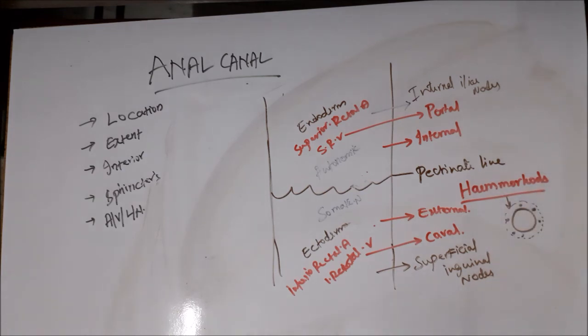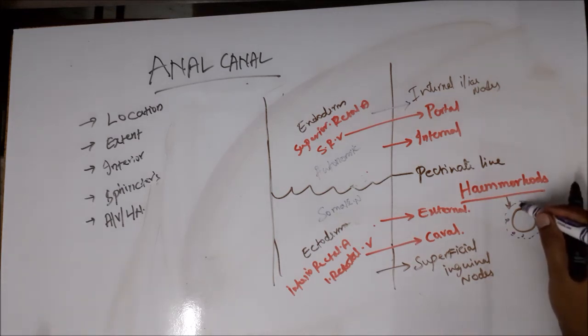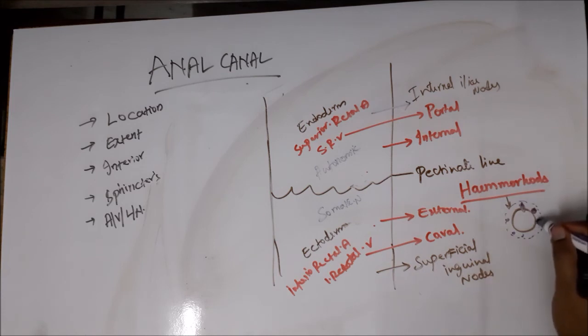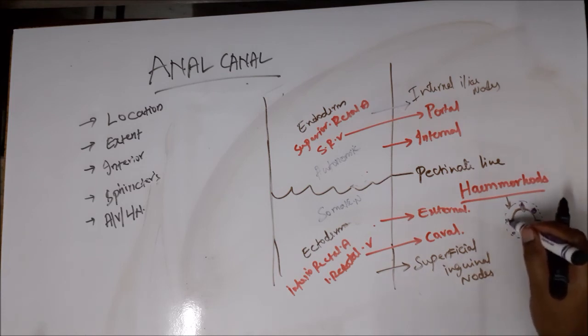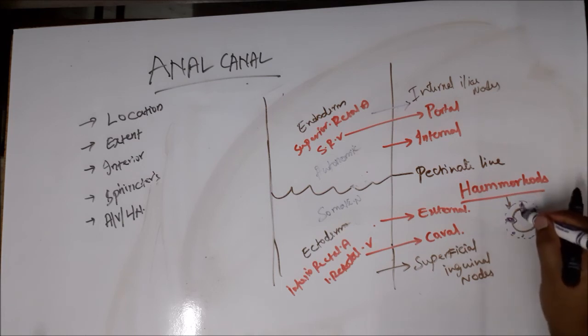So whenever there is portal hypertension, these veins will be dilating. So hemorrhoids are nothing but the dilated veins along with the mucosa lining the anal canal.